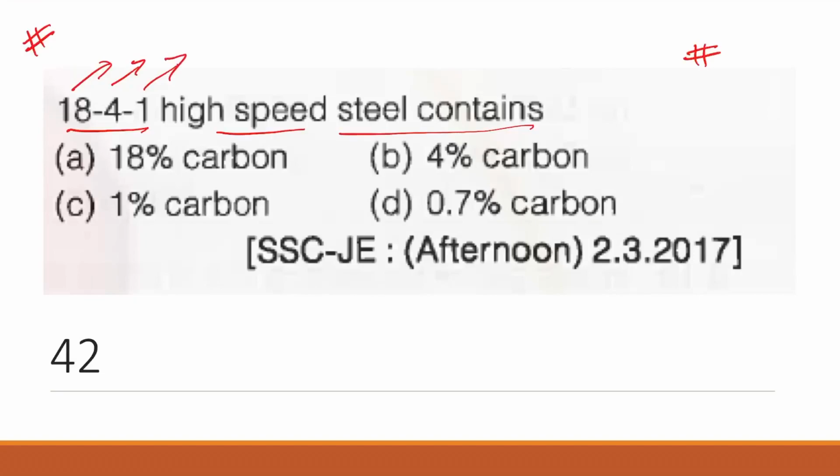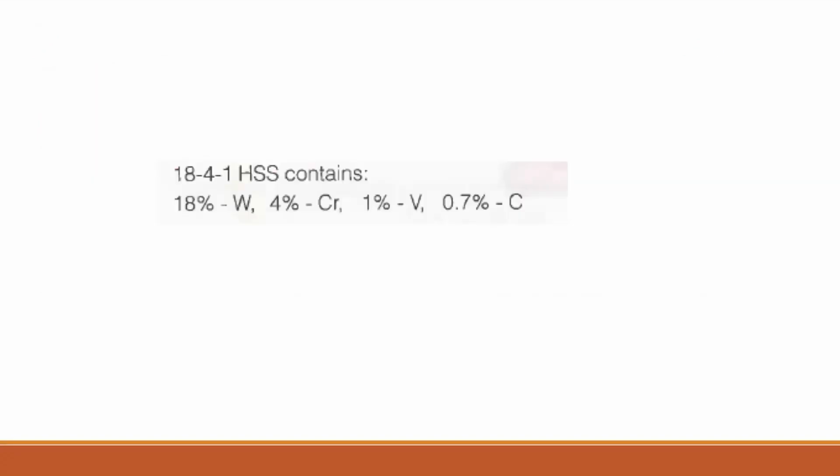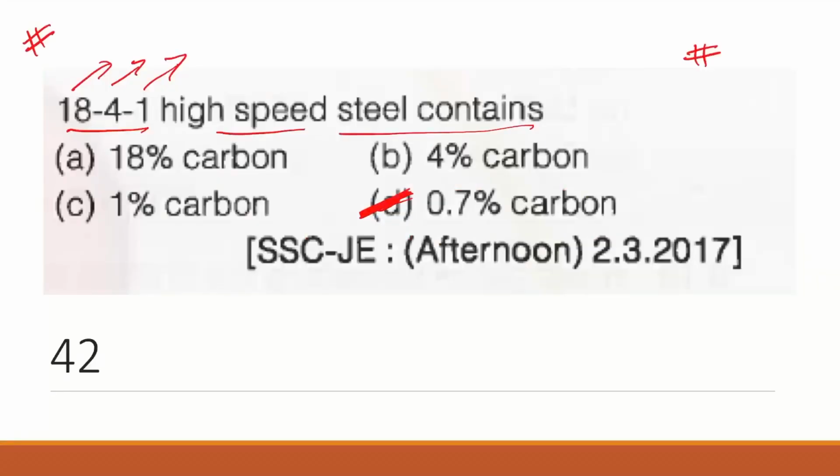The correct answer is D. How? 18-4-1 HSS contains 18% tungsten, 4% chromium, 1% vanadium, 0.7% carbon. So this is what the question is asking, and the correct answer is D.